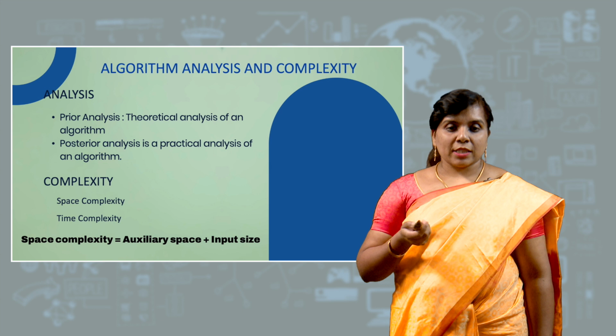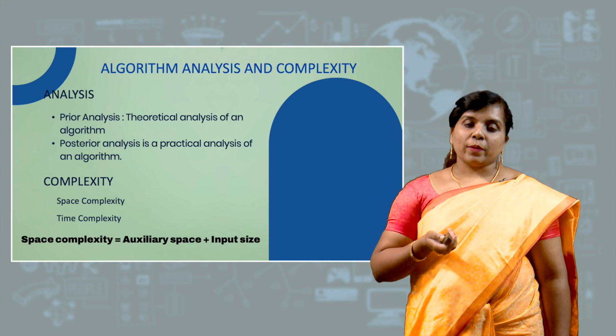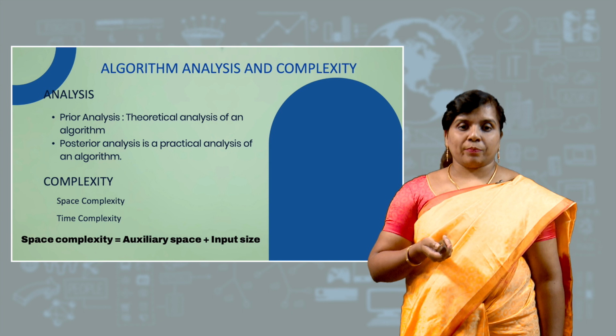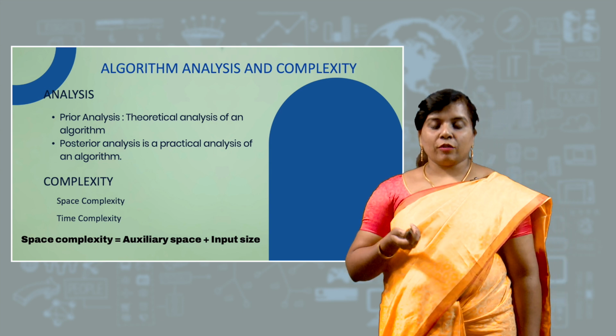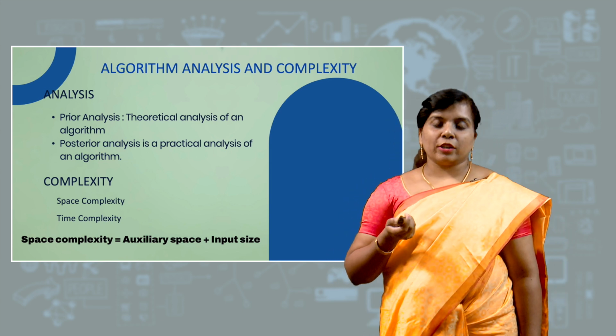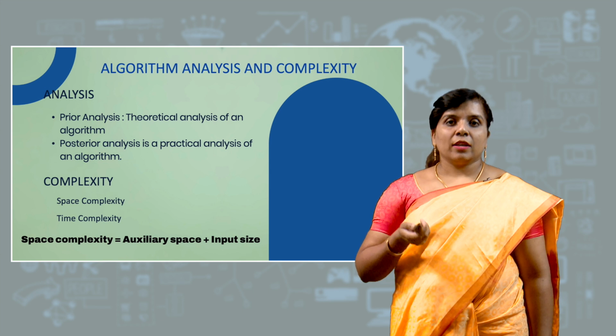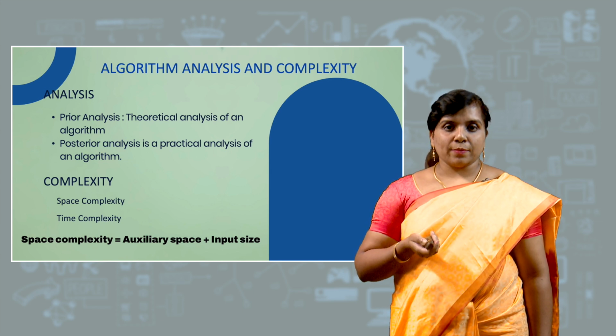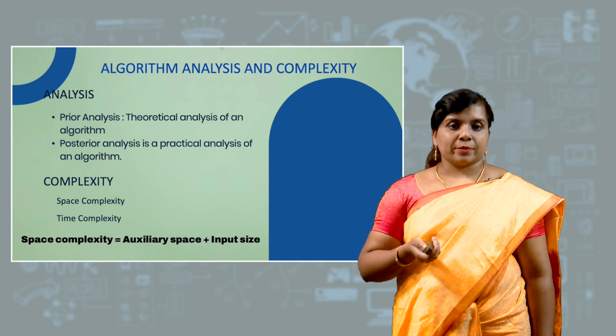Time complexity is also expressed in terms of the big O notation. So, your algorithm may have complexity in the order of n, or it may take constant time, or order of n square. Here n actually refers to the number of steps the algorithm makes.